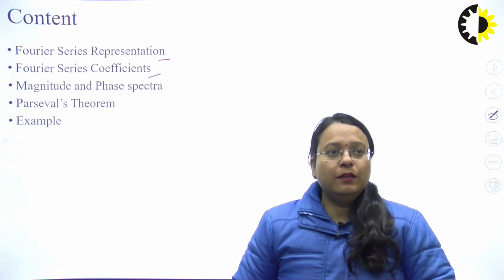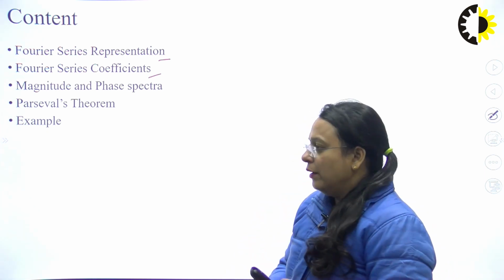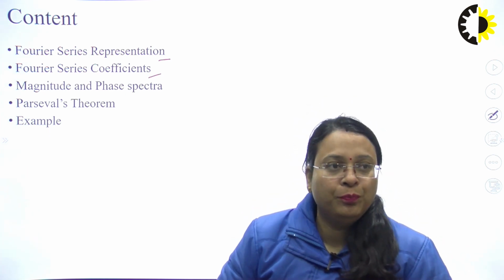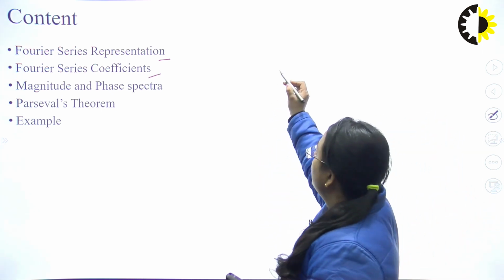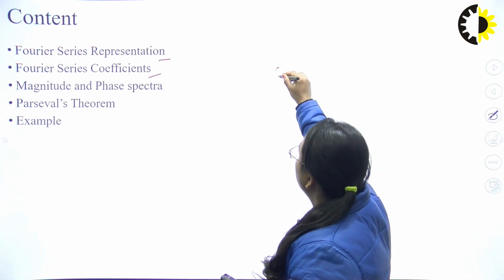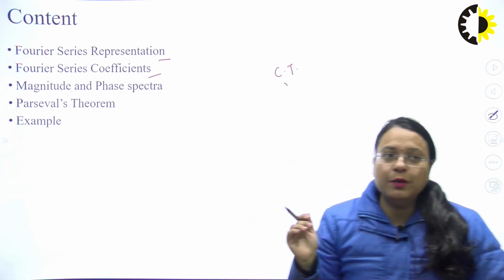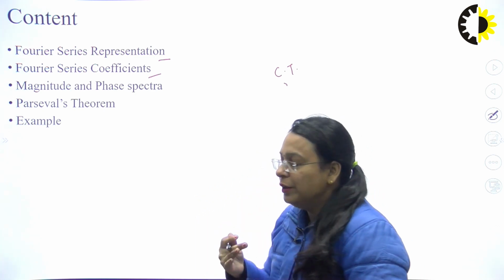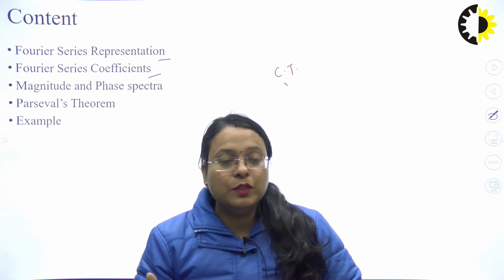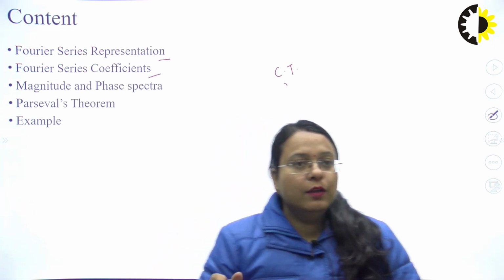Basically, there are two topics we have: the Fourier series and the Fourier transform. The difference between the two is that the Fourier series is used for continuous time signals which are periodic, and the Fourier transform is used for those signals which are continuous time but non-periodic.